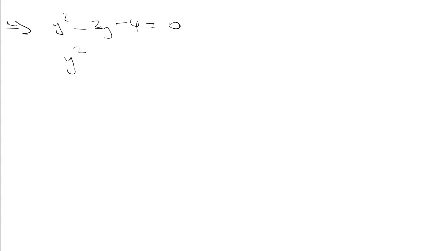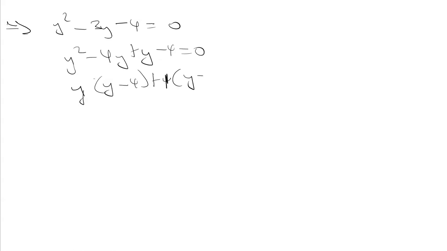So y squared minus 4y plus y minus 4 equals 0. So y minus 4, plus 1, y minus 4, therefore y minus 4 and y plus 1 equals 0.